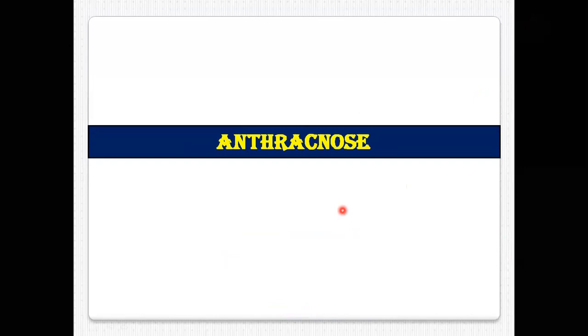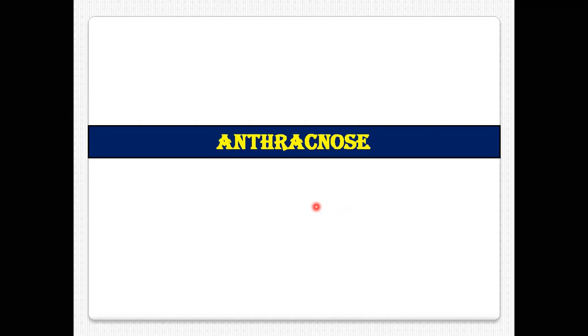So first of all, we see the symptoms, the causal organism, etiology and management of the anthracnose disease. This is a widespread and serious disease seen in temperate and subtropical countries, leading to losses of economic significance.